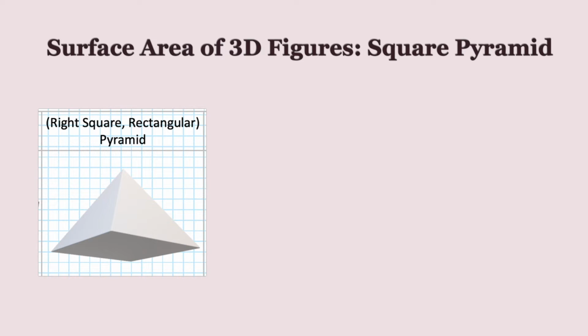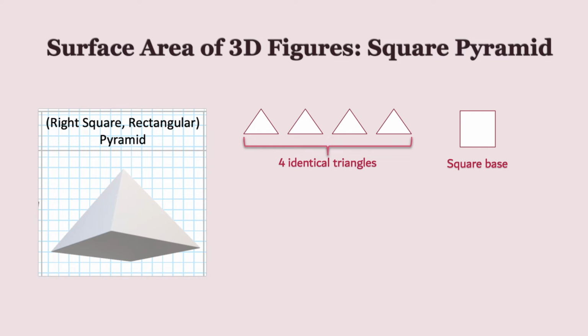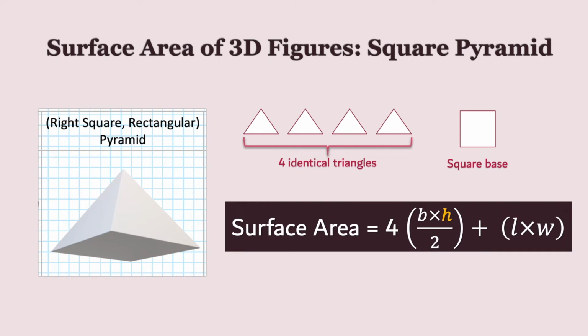Before we jump into the first question, let's review how to figure out the surface area of a square pyramid. As you know, a square pyramid is made of 4 identical triangles and a square. Therefore, its surface area would be the 4 triangles' areas plus 1 square's area. Here I highlighted h in the formula because now we know h in a pyramid represents the vertical height, the altitude.